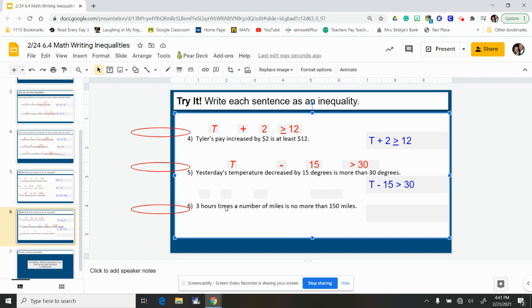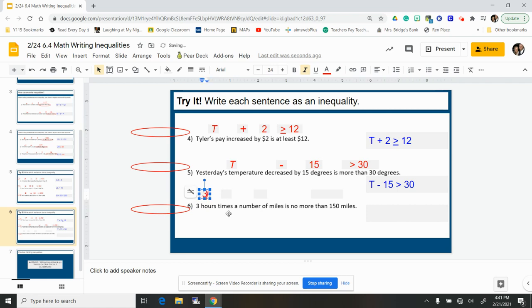All right, after writing things up at the top here, hopefully you saw that you needed to put a 3 here because 3 is an important number. Times is telling you that you are multiplying. Let's be clear, that's multiplying and not a variable. Number of miles we didn't know, so that was our variable. I'm just going to put it as m. No more than. Okay, so hopefully we remember this is one of our key words or phrases we need to know.